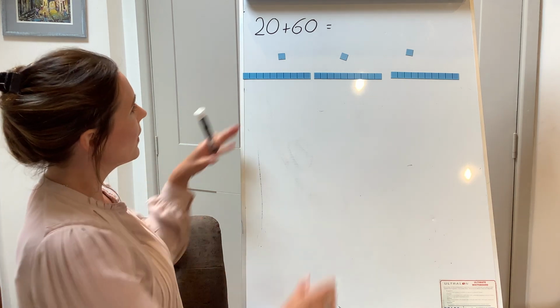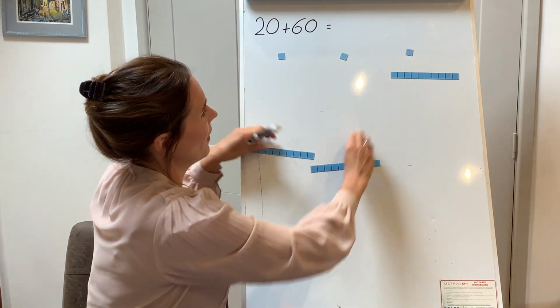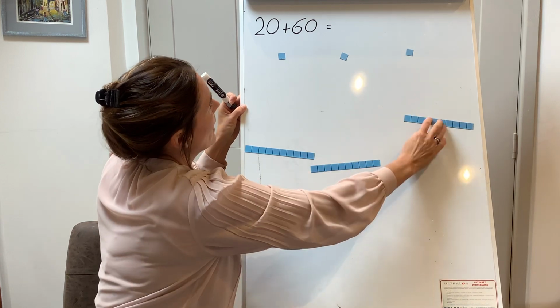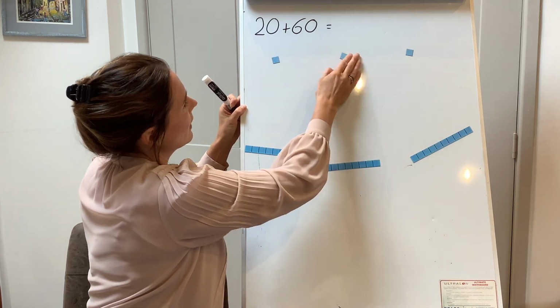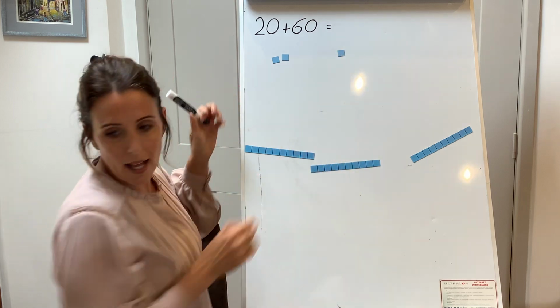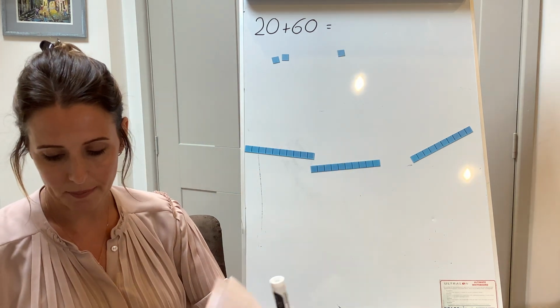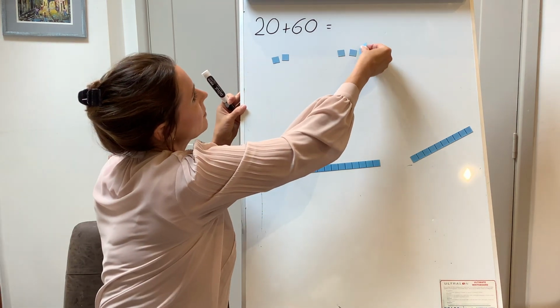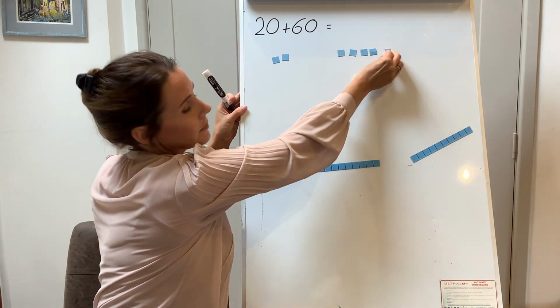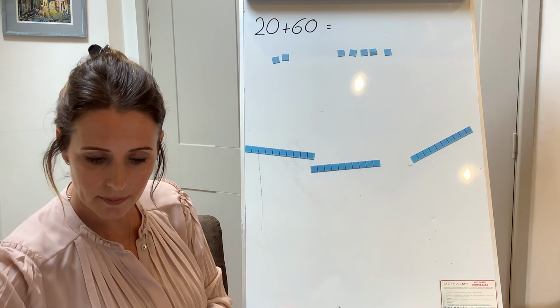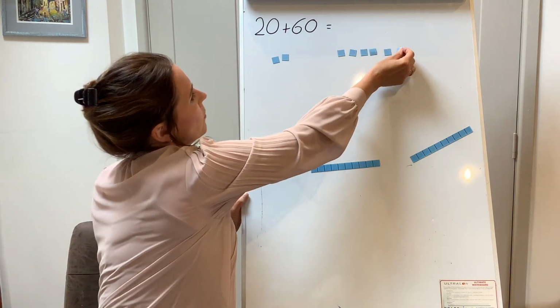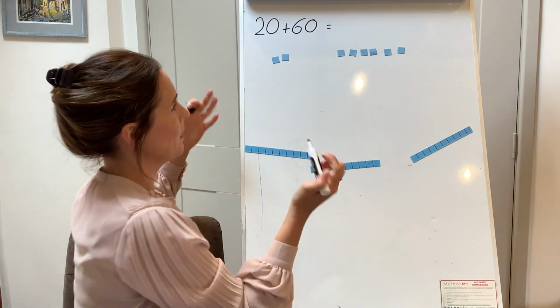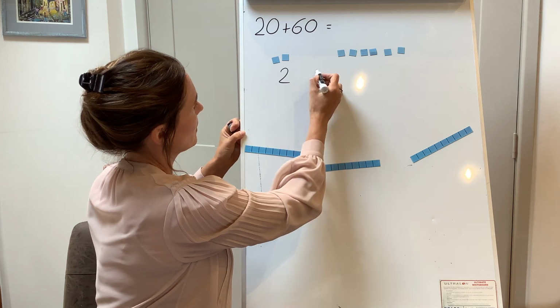Okay, so one of the things I hope you did was think about related facts. So if we've got 20 add 60, we can think of it as 2 and 6. So we know our number bonds. We've already been practicing number bonds to numbers up to 10.